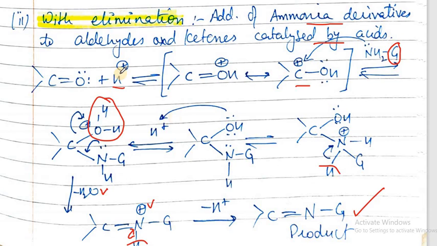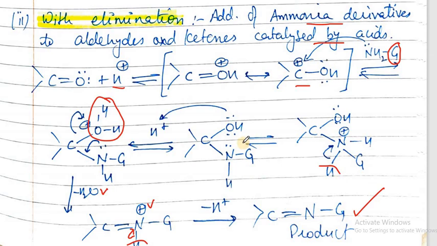So in this, first in acidic medium, that is with H positive, this will get protonated, and then this carbocation is formed, and on this carbocation the ammonia derivative attacks as a nucleophile, therefore it is a nucleophilic addition reaction. As a nucleophile, it attacks this carbon, and this will be formed, and then after releasing H, this nitrogen will be neutralized.